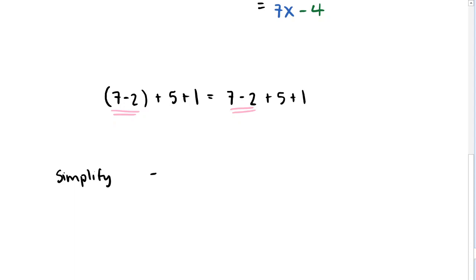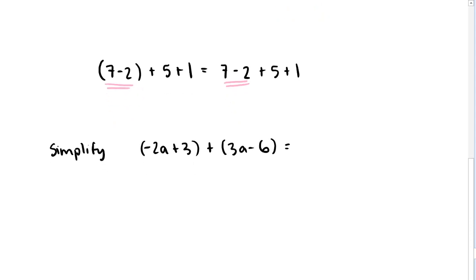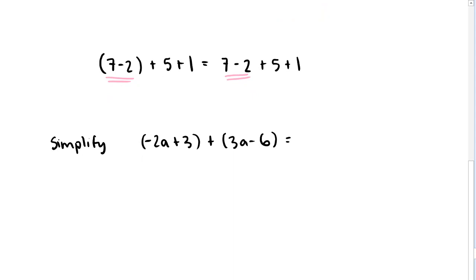And so if I give you an expression and ask you to simplify it, let's say the expression is negative 2a plus 3 in parentheses, and I'm adding on in parentheses 3a minus 6. Actually, these parentheses aren't really telling us anything important, and we can completely just drop them. So this is minus 2a plus 3 plus 3a minus 6.